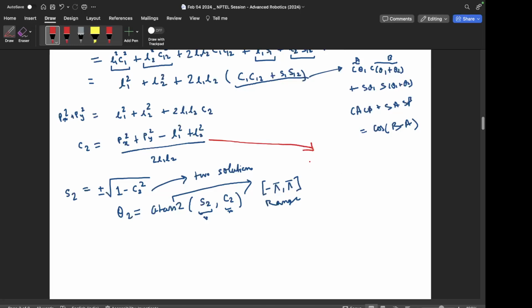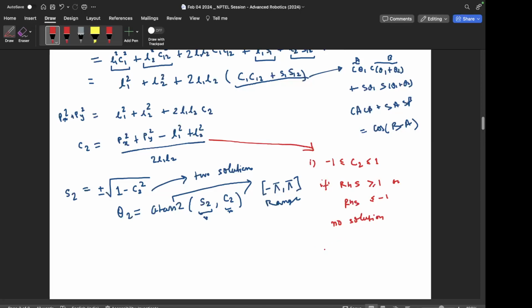Now cos theta has to be between minus 1 and 1, we all know, right? So if the RHS is greater than 1 or RHS is less than minus 1, then we have no solution for theta 2.